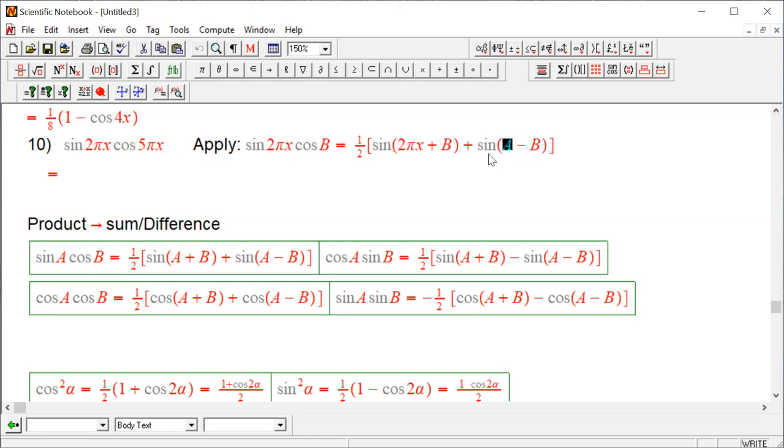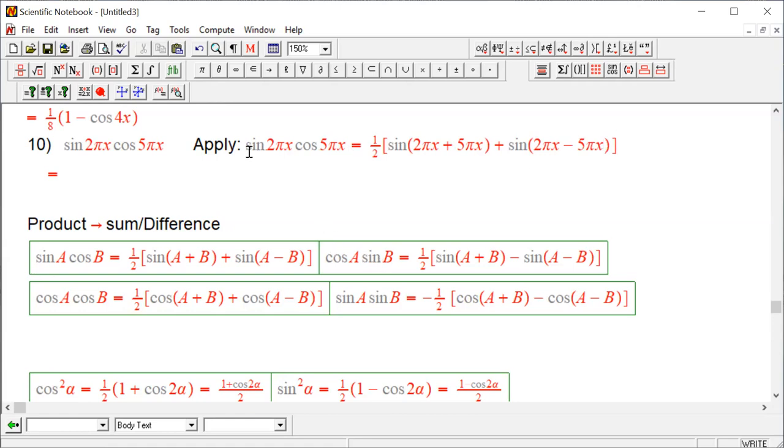Everywhere A was, it is 2 pi x. B is 5 pi x.